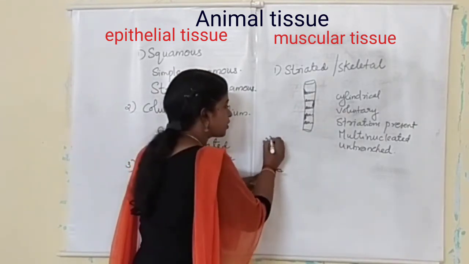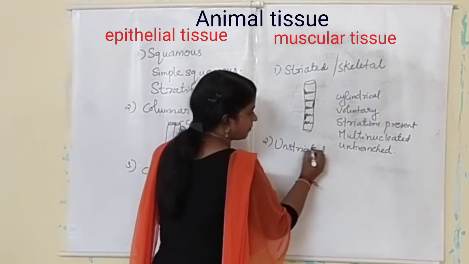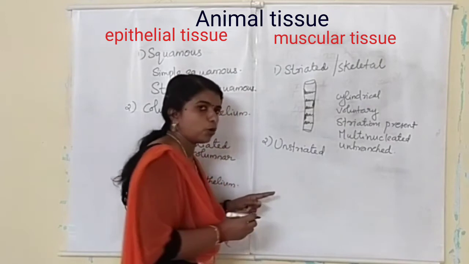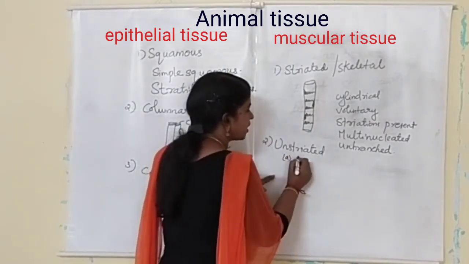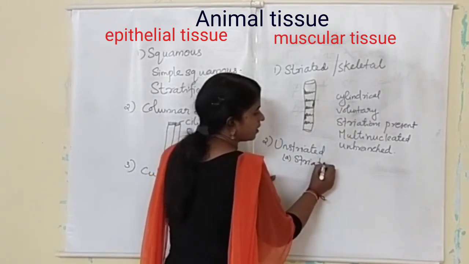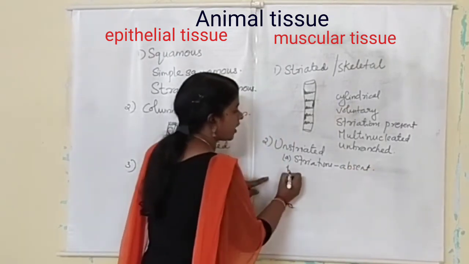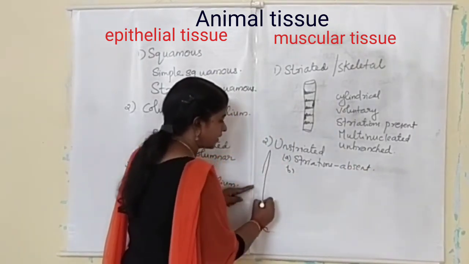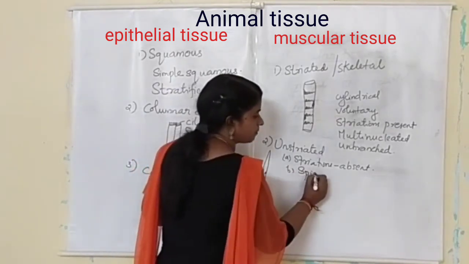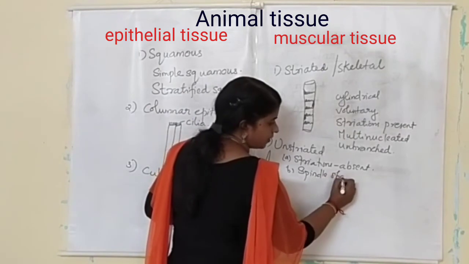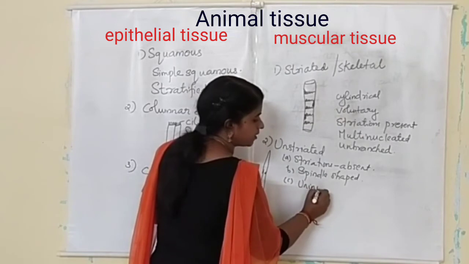The second type is known as the unstriated muscles. From the name itself you know the striations are absent. They are spindle shaped, and they are uninucleated.